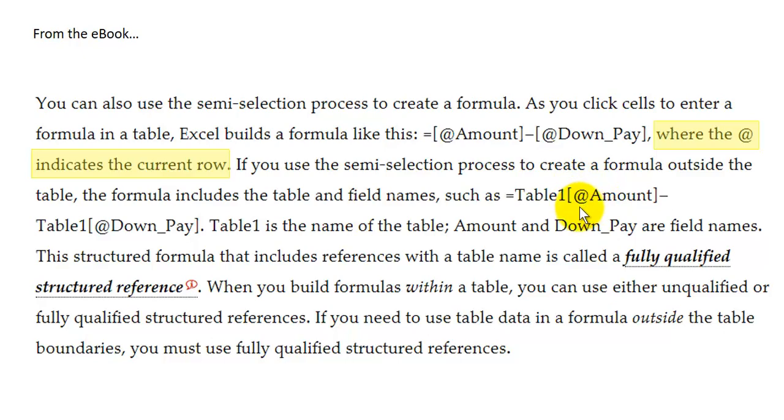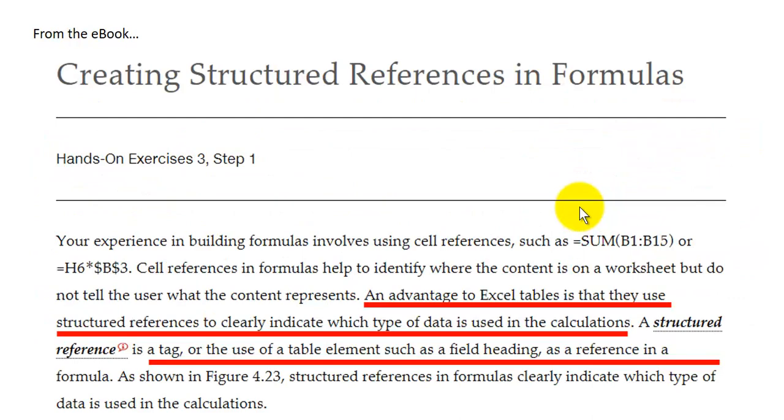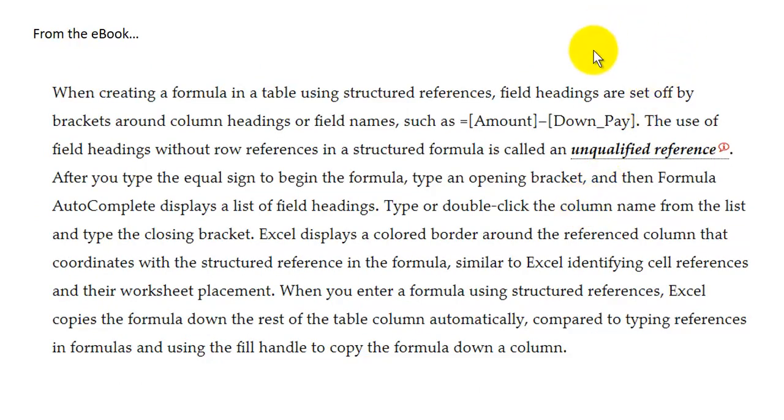So think about how we have built up. I'm going to go back. We started out and we said, look, if we make a table and we have names at the top of the columns of those tables, we're going to call those column labels fields. In those fields, we're going to put in square brackets. So we want each amount to be subtracted, subtract down pay from each amount, right?